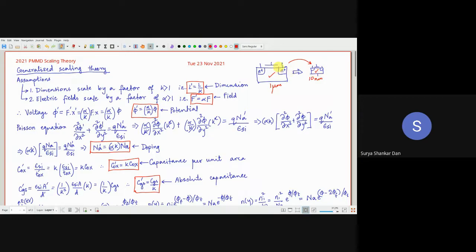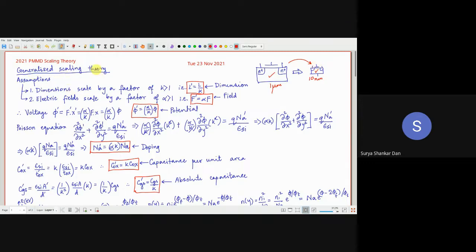Because by default, if you simply change the device dimension, this device is going to deteriorate. Its performance will be bad, as we have discussed in many of the previous lectures. So scaled device performances are actually worse than the long channel MOSFETs. But still the short channel MOSFET is the subject of this scaling theory.